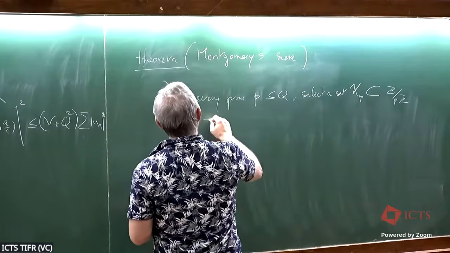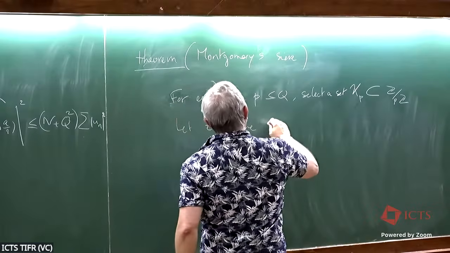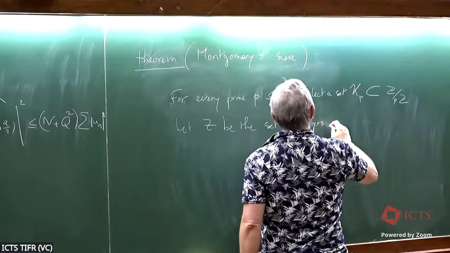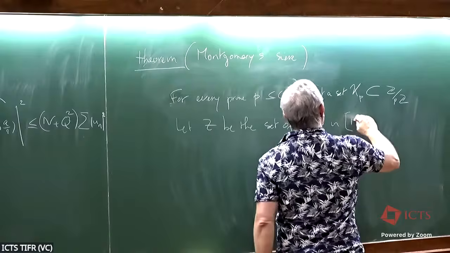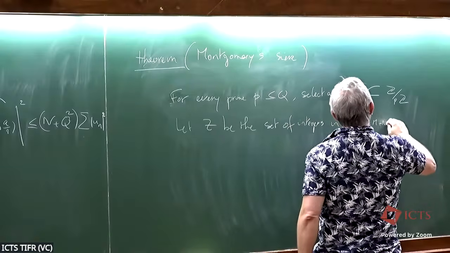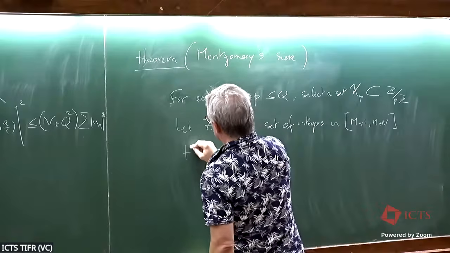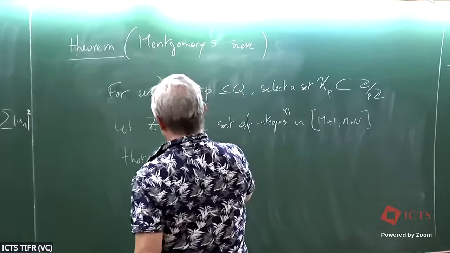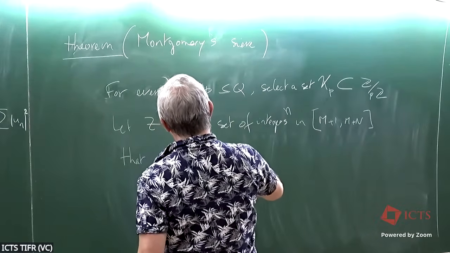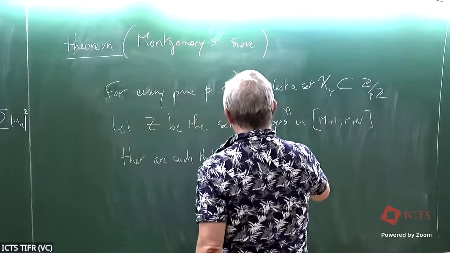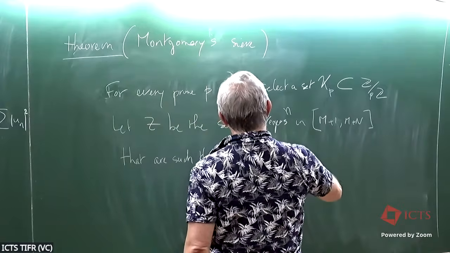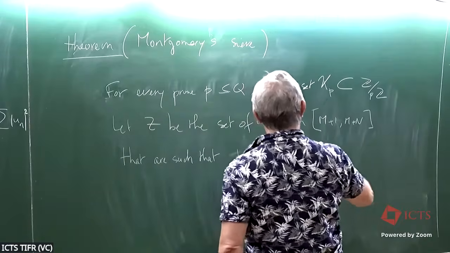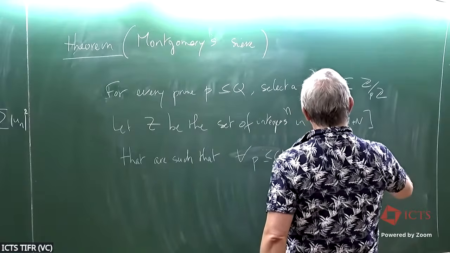Let Z be the set of integers n in an interval m+1 to m+N that are such that, for every p less than Q, n belongs to K_p.